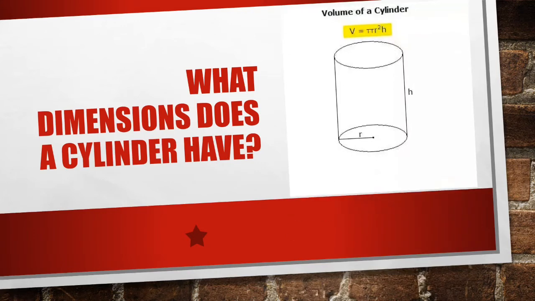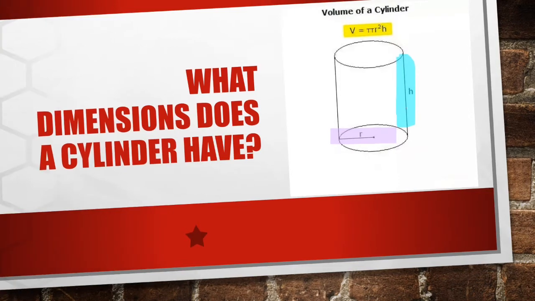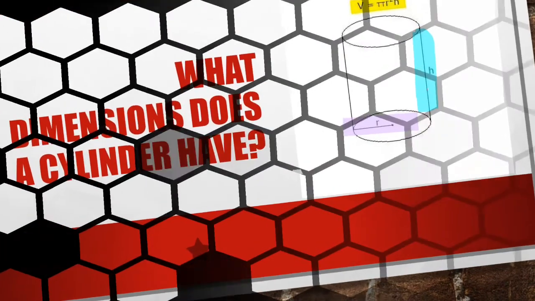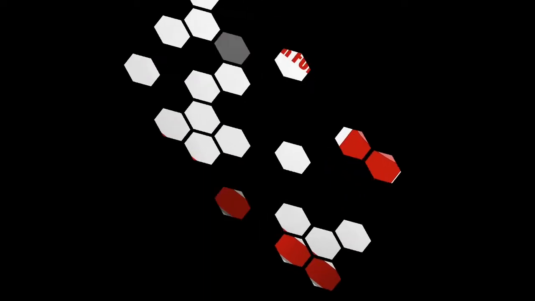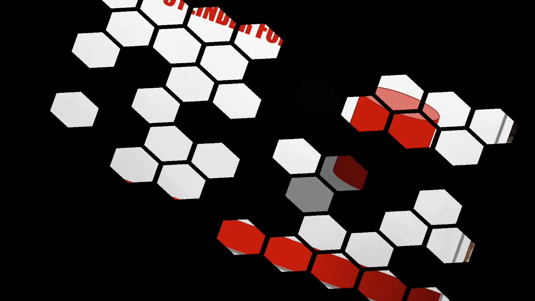If you remember from earlier years, a radius is half of a diameter, what I'm highlighting in purple right there. The radius is half the distance across the circle. The blue highlight shows the height or the length of the lateral surface. These are the only two dimensions that need to be used when finding the volume of a cylinder.